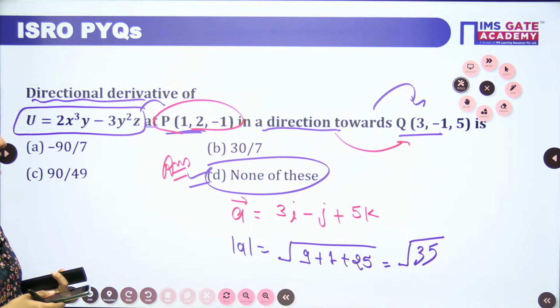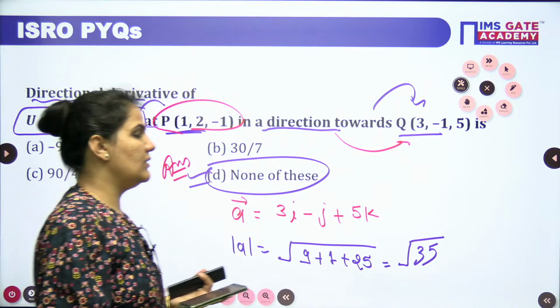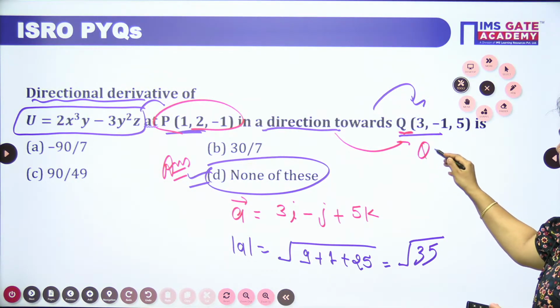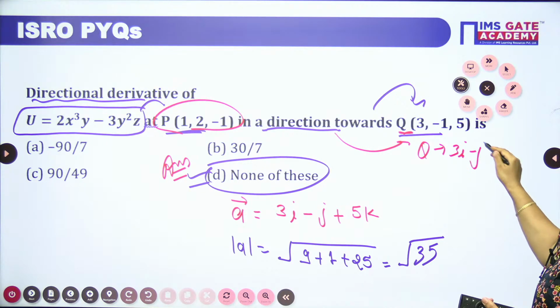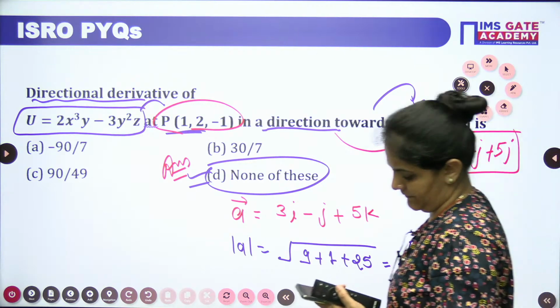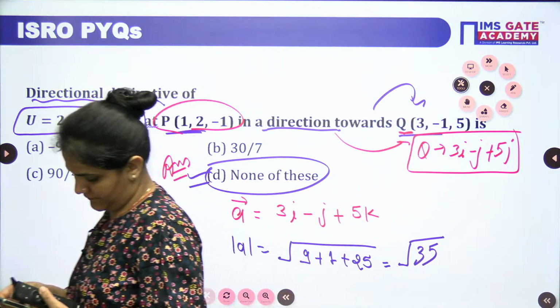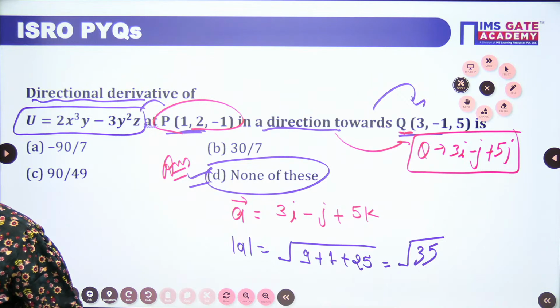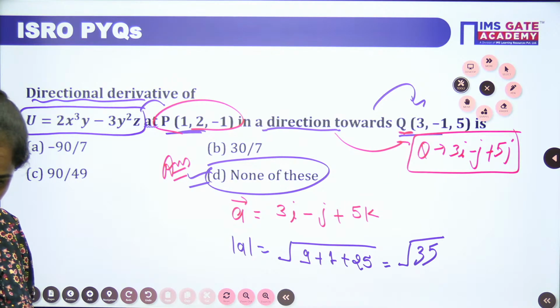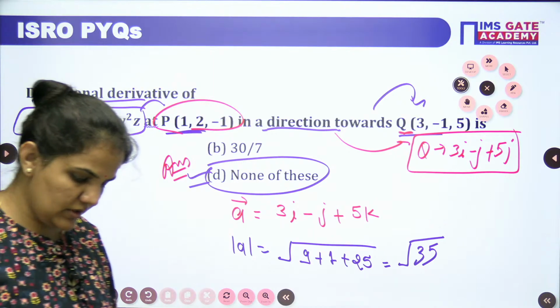We can see, because here it is given to you in the form of a vector, 3i minus j plus 5k, in this direction only, directly. It is strictly mentioned. Definitely this is from origin.